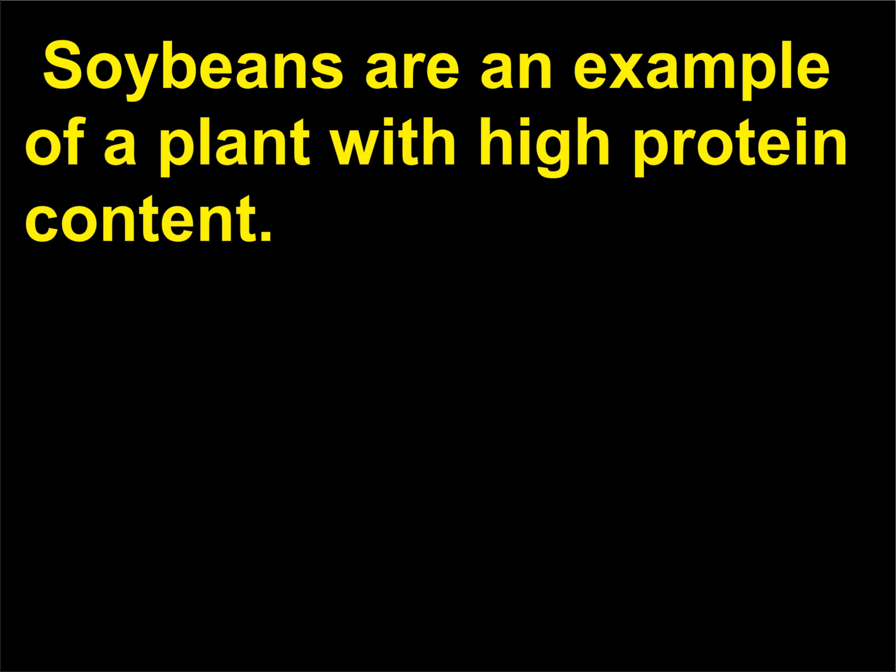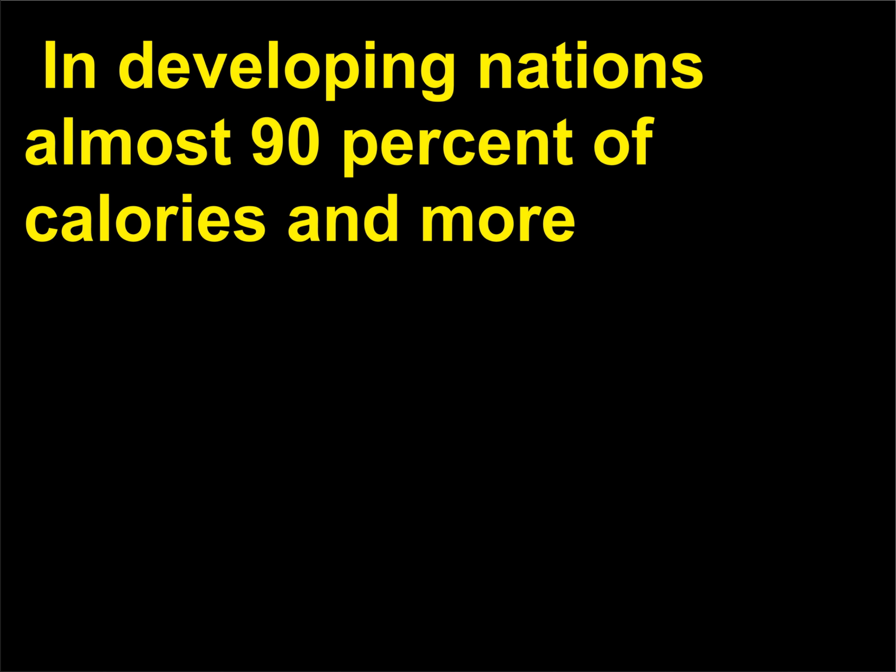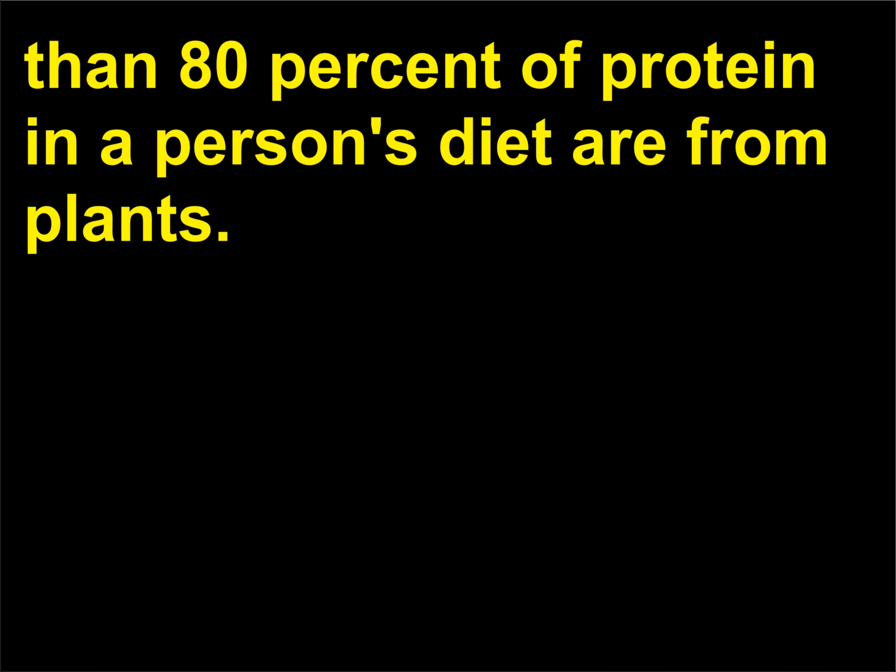Soybeans are an example of a plant with high protein content. In developing nations, almost 90% of calories and more than 80% of protein in a person's diet are from plants.